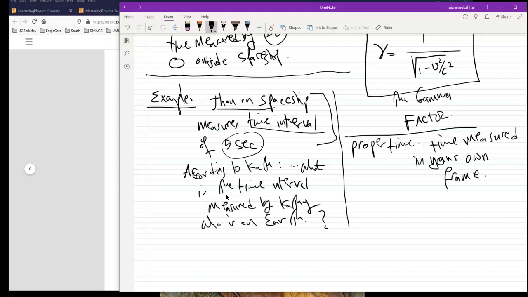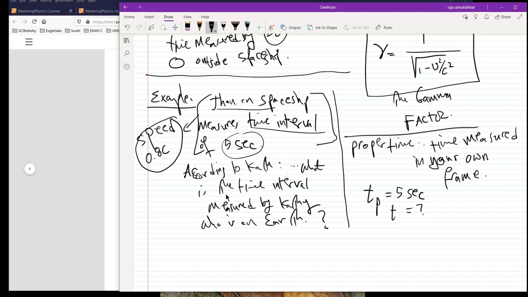So here the proper time, delta tp, is 5 seconds. Now we forgot to mention the speed of the spaceship. I'm making up this problem as I go along. Let's pick any number, say 0.8c. I need to know what is the relativistic time as measured by Kathy.